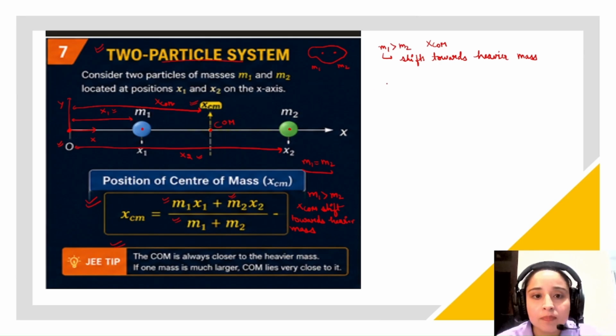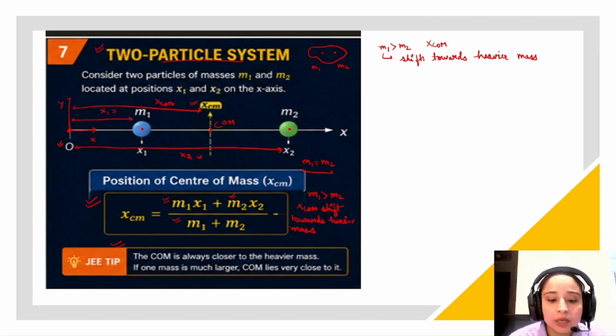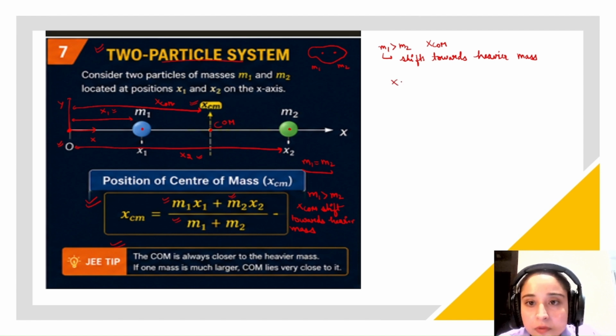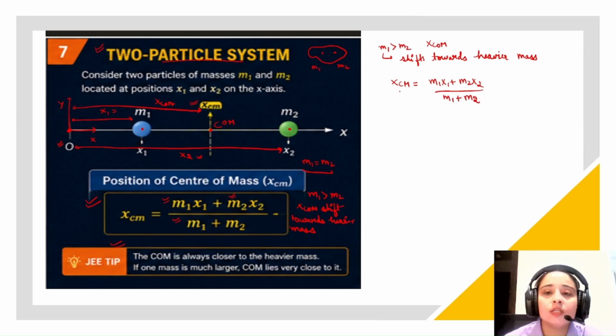So we can simply write that XCM, the center of mass position, is given by m1 x1 plus m2 x2 divided by the whole mass of the body, that is m1 plus m2, right?